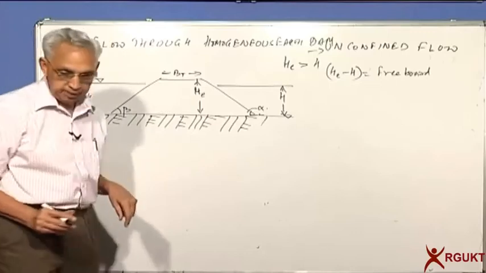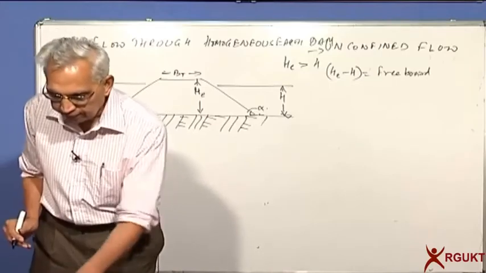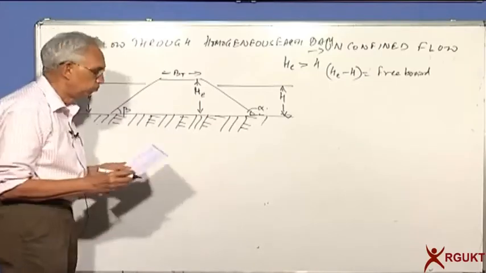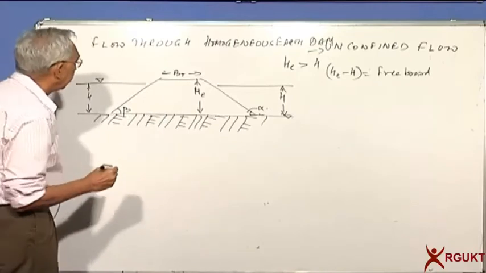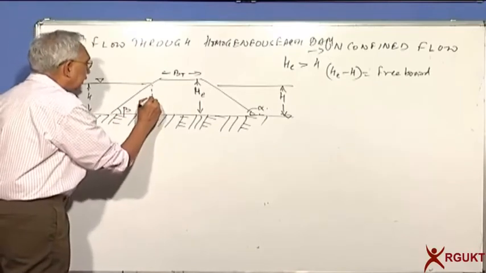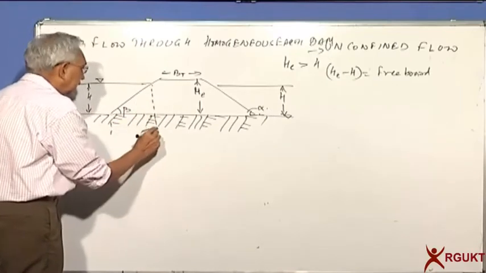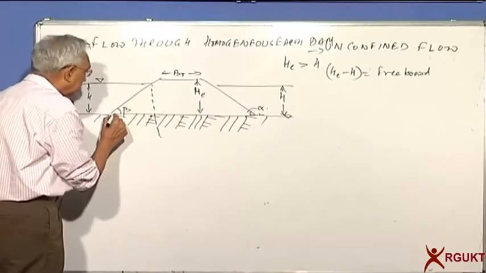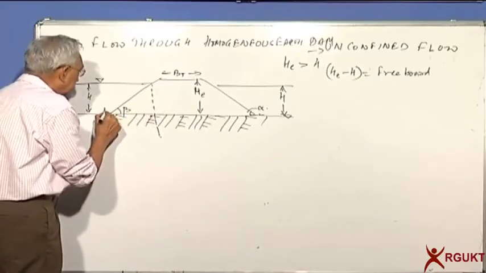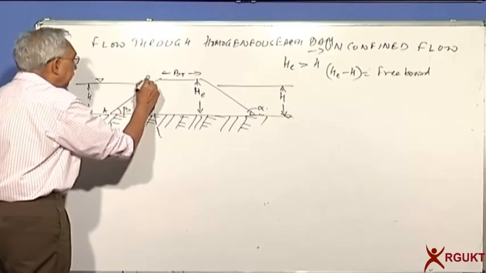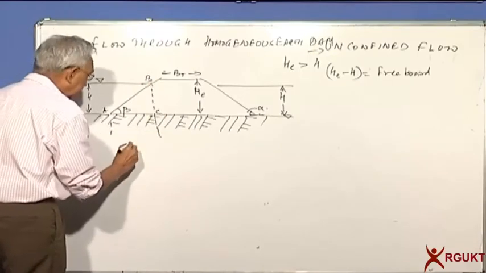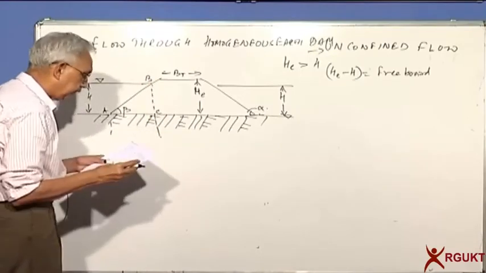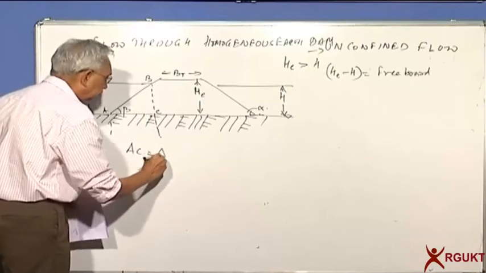Now what is being suggested is that in order to determine the top flow line, let's say the horizontal distance from A to, let's say, B, AC is equal to delta.